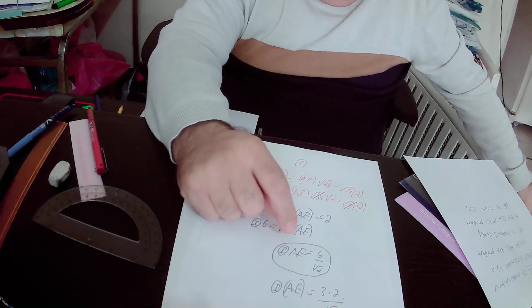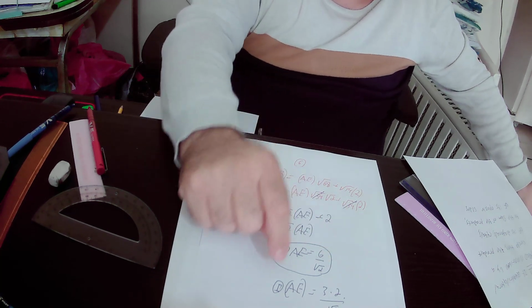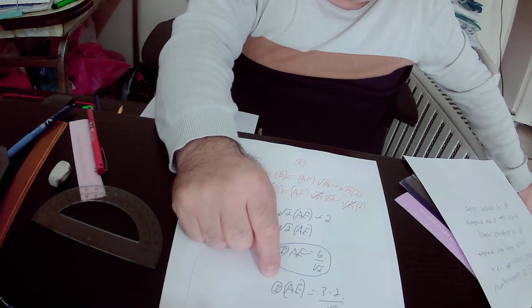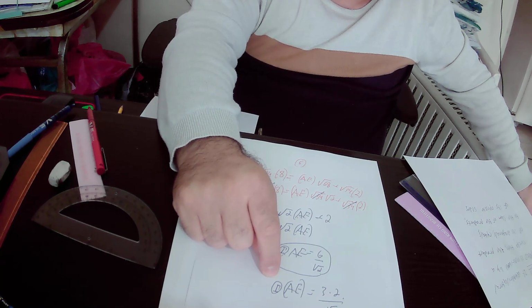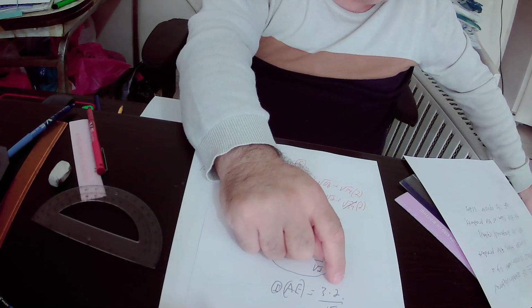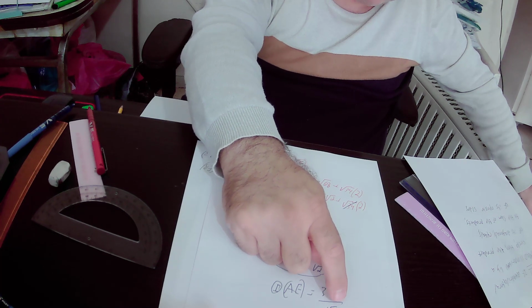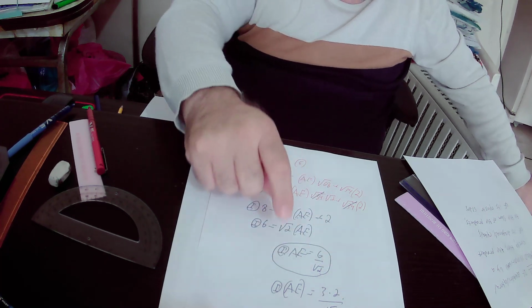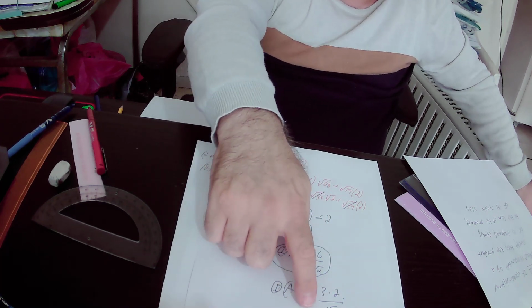Okay, we know that 6 equals 3 times 2, so we got this equality. And then we multiplied this equality by square root of 2 and then divided it by square root of 2, so we changed nothing. Okay, we got this expression.